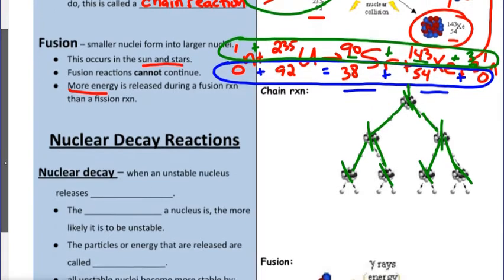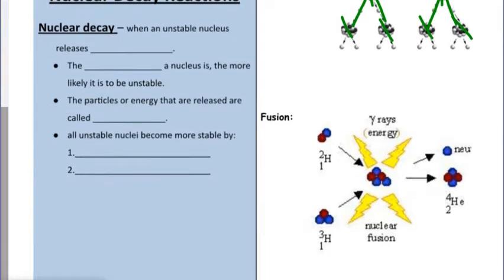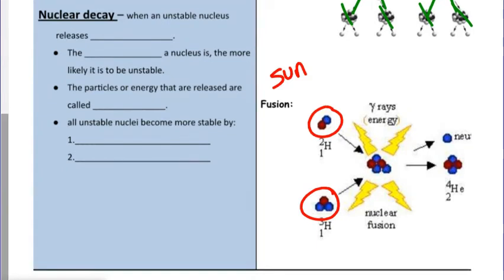Okay? Down here, we've got a nice visual of a fusion reaction. It's a little bit cleaner to see. We've got these 2 smaller nuclei, a hydrogen and another hydrogen. Again, this is the process that's occurring in our sun right now. Okay, and so we take the 2 smaller nuclei.